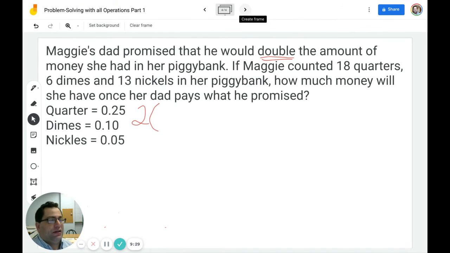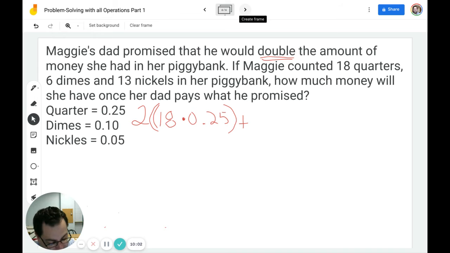It's repeated addition. Whenever we have repeated addition, and this whole concept of repeating is going to be a common thread in algebra. So it's important to kind of get a sense of what's repeating and what's not repeating. But anyways, we have 18 quarters, and we are multiplying that by 0.25.